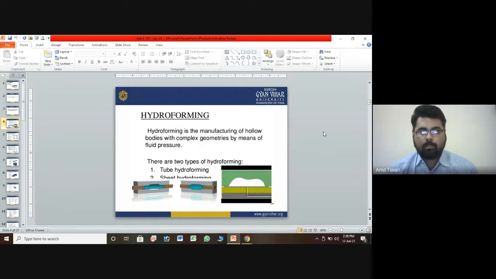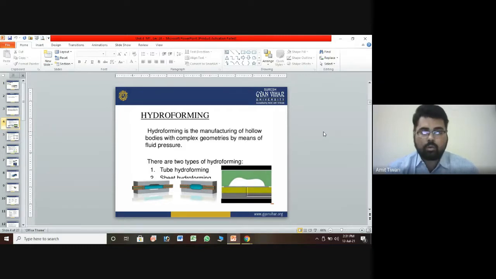So with the help of a fluid or liquid, you increase the fluid pressure, and by increasing the fluid pressure you can press the die or press any object to form the desired shape that you want to fabricate. It is a very common process and now very popular, because this type of new technique has been invented nowadays.